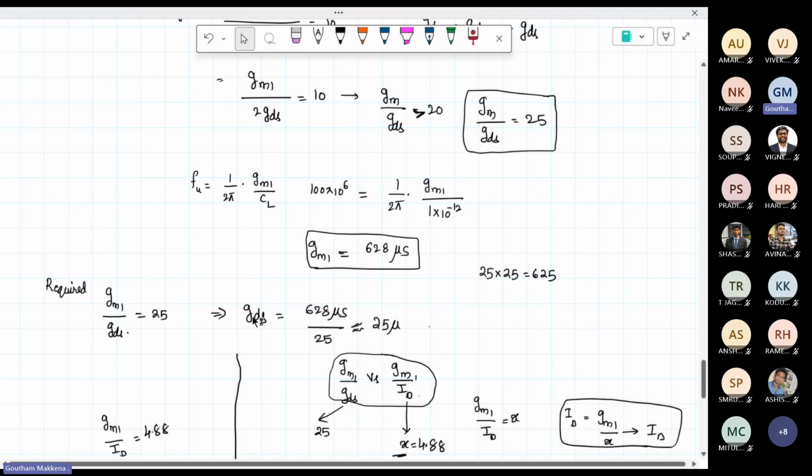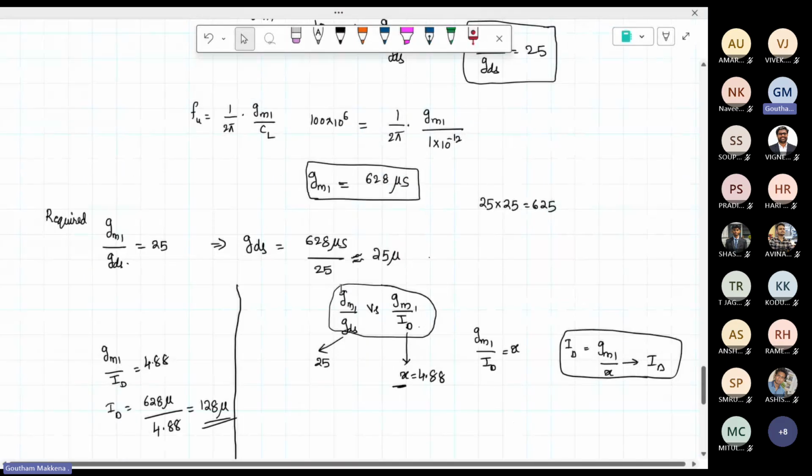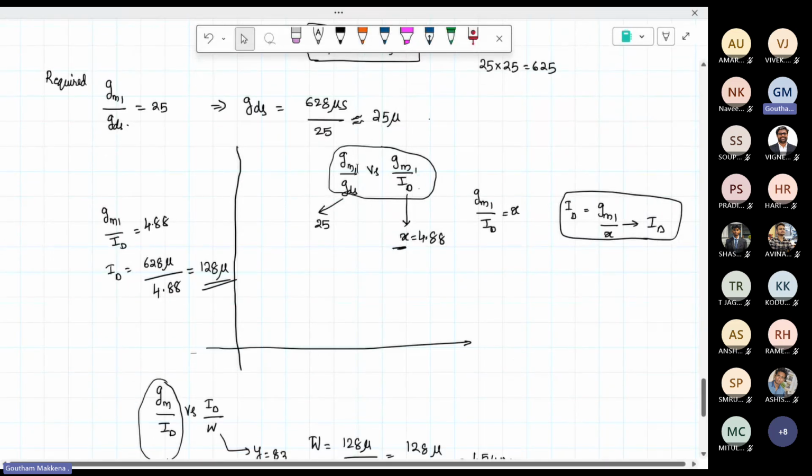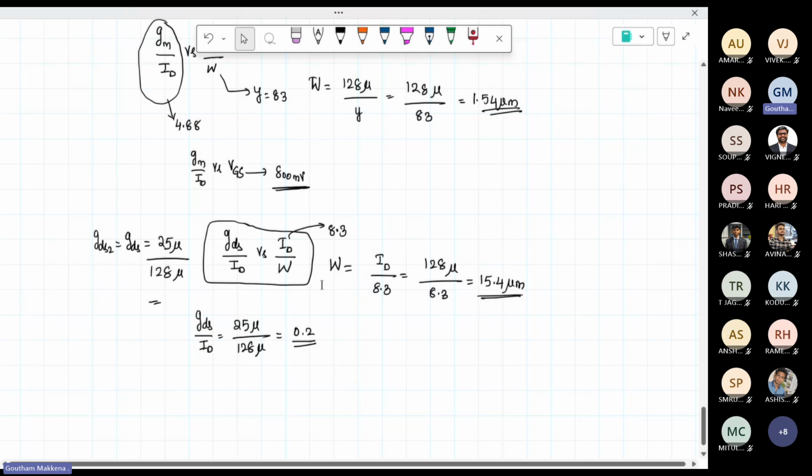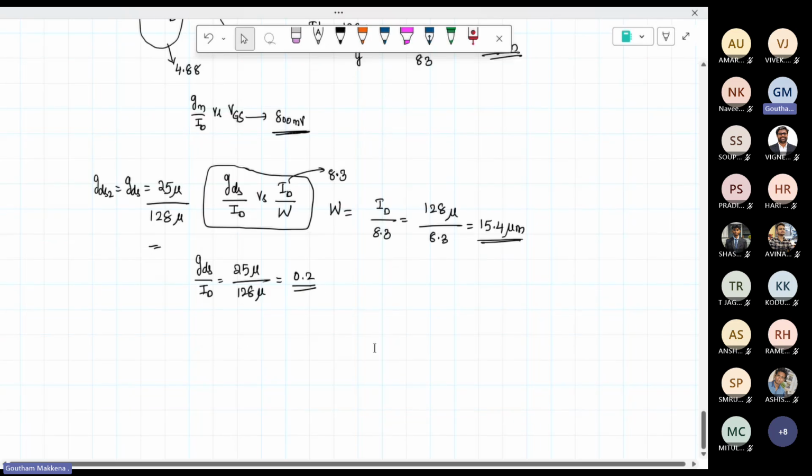So GDS came out to 25 micro. Then we went ahead with GM by GDS versus GM over ID, and we calculated the widths of several things. That is how we proceeded, right?